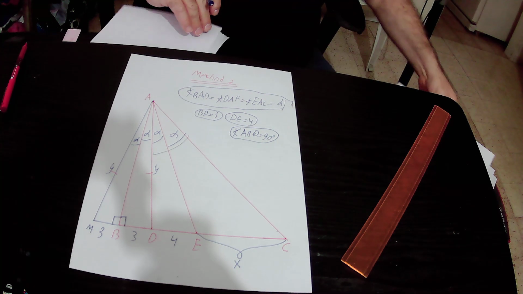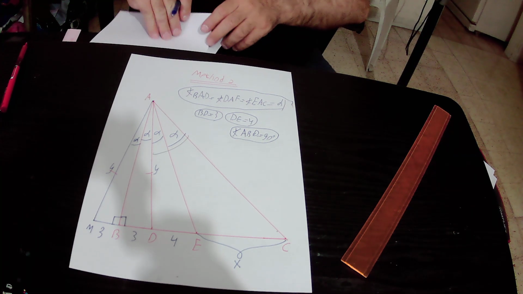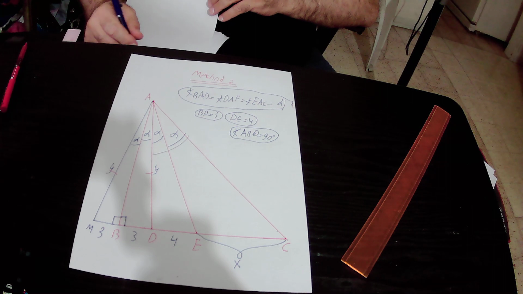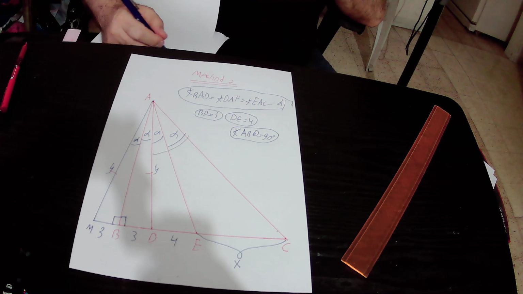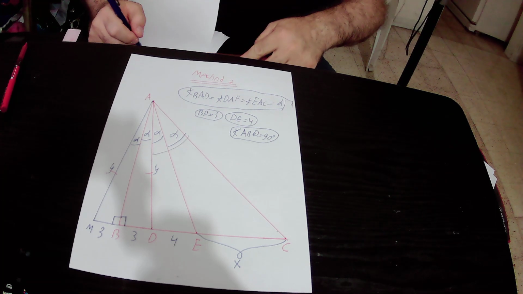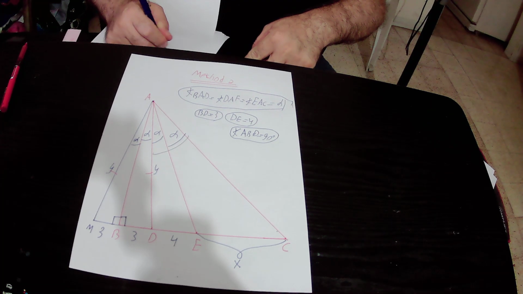So in the next step, we will focus on triangle AMC, the big triangle. In triangle AMC, actually AD is angle bisector.